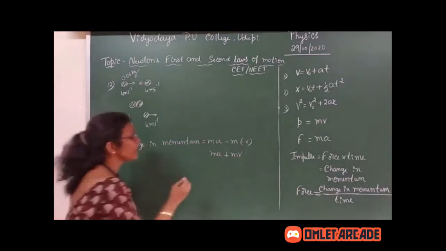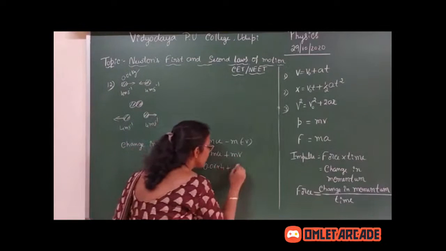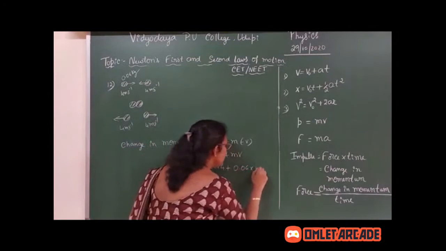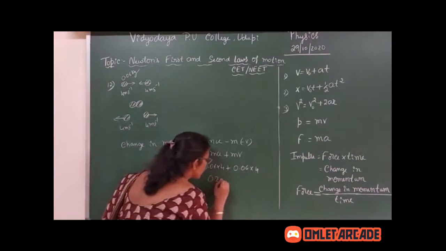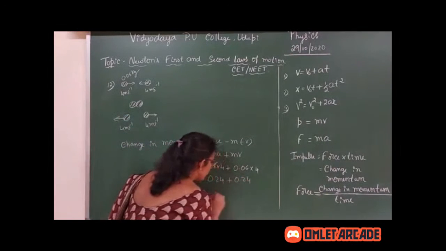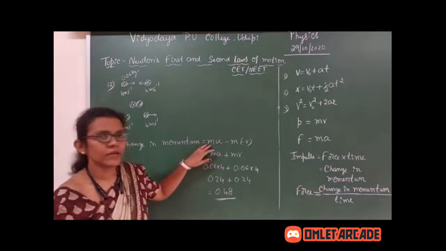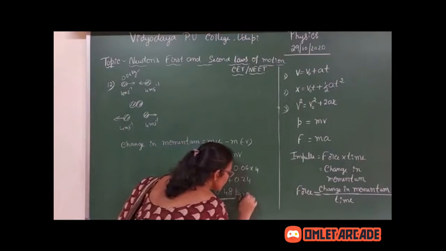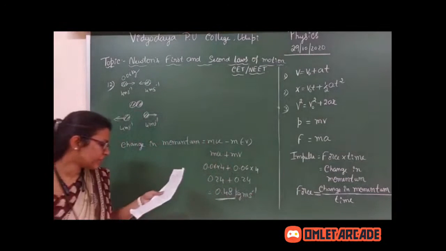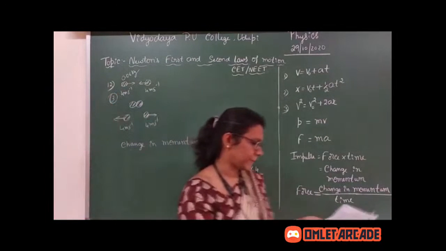What is m? m is 0.06, into u is 4, plus 0.06 into 4. 0.06 into 4 is 0.24, and 0.24 plus 0.24 is 0.48. So the change in momentum is 0.48 kg meter per second. The right option for question number 12 is the third one.